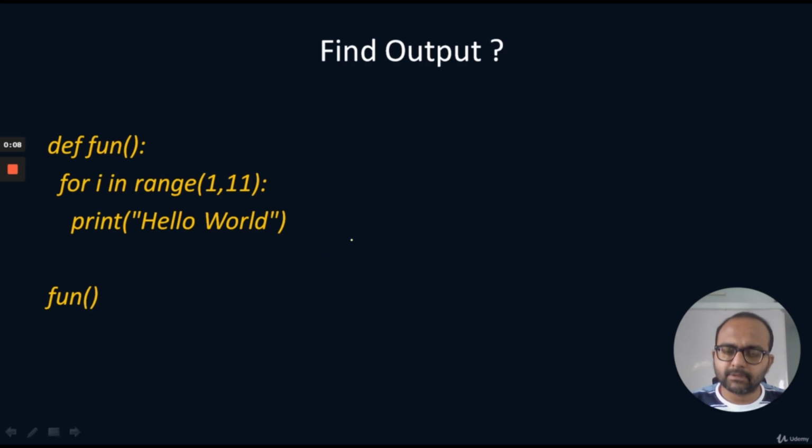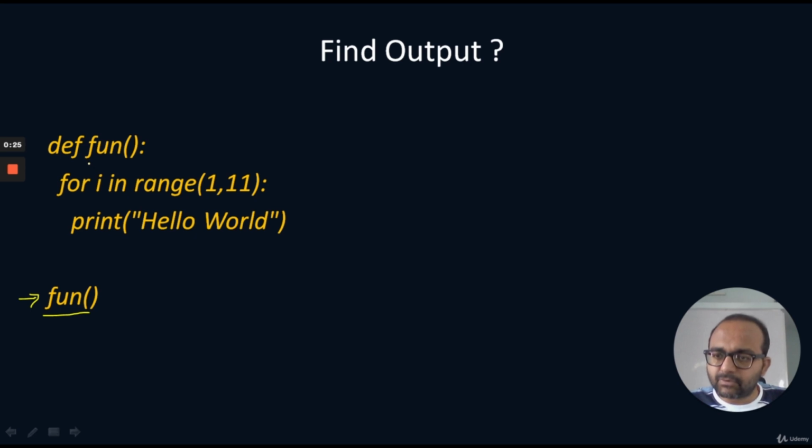Well, you need to find out the output produced by this code. Okay. So this is a concept of using a loop inside a function. If you observe here, the code execution starts from this point where function fun is called in Python.